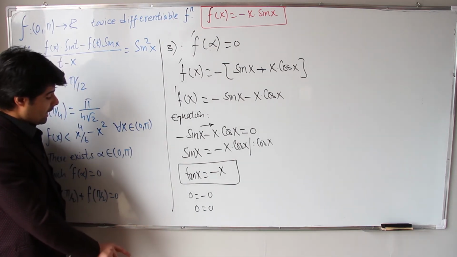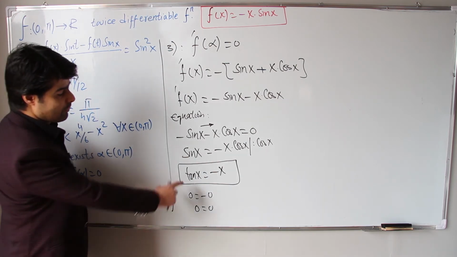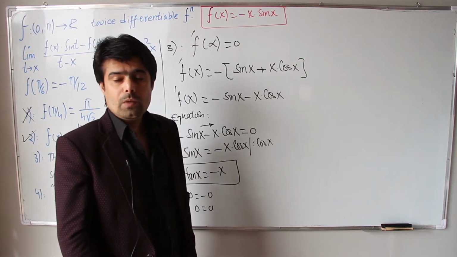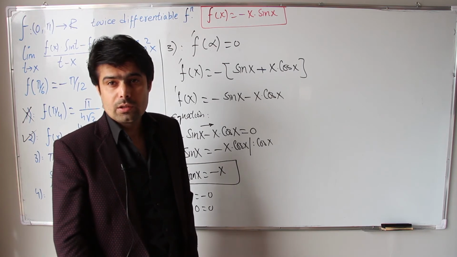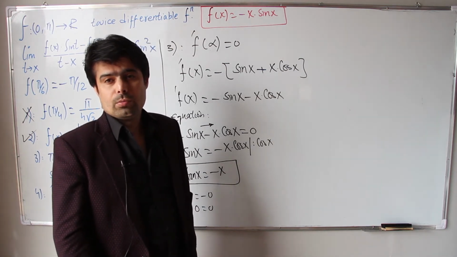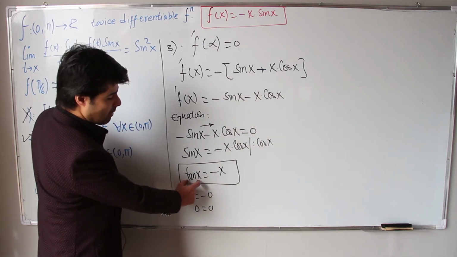Now there should be another answer between 0 and pi. How can you find the solution? Whenever you are not able to find the solution of an equation, I think the best way is to plot its graph. Now you should find this graph.